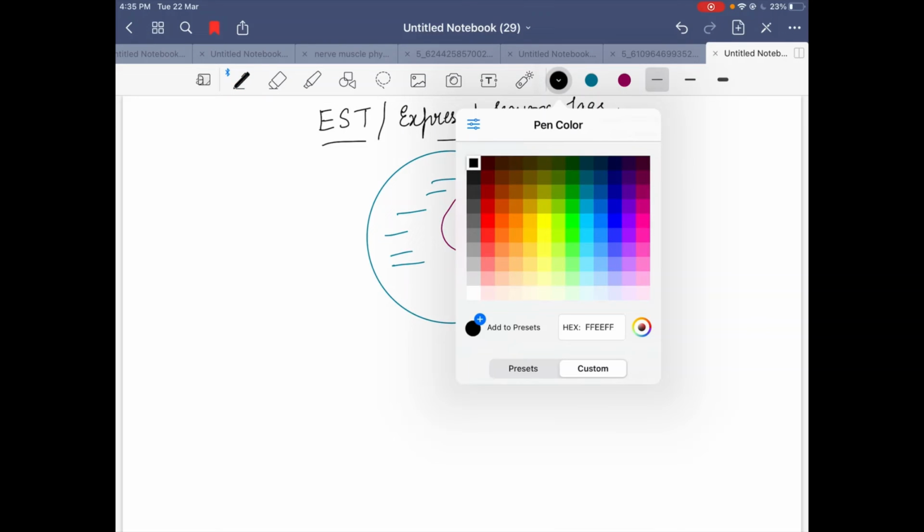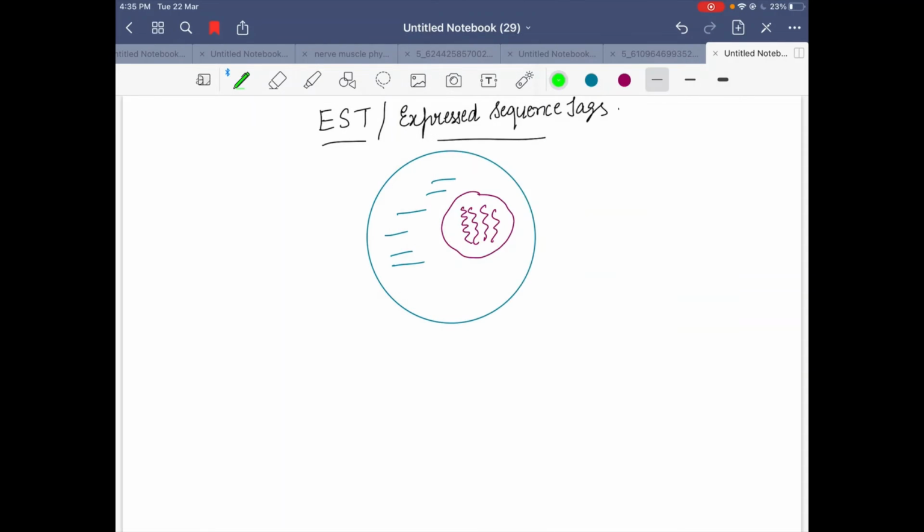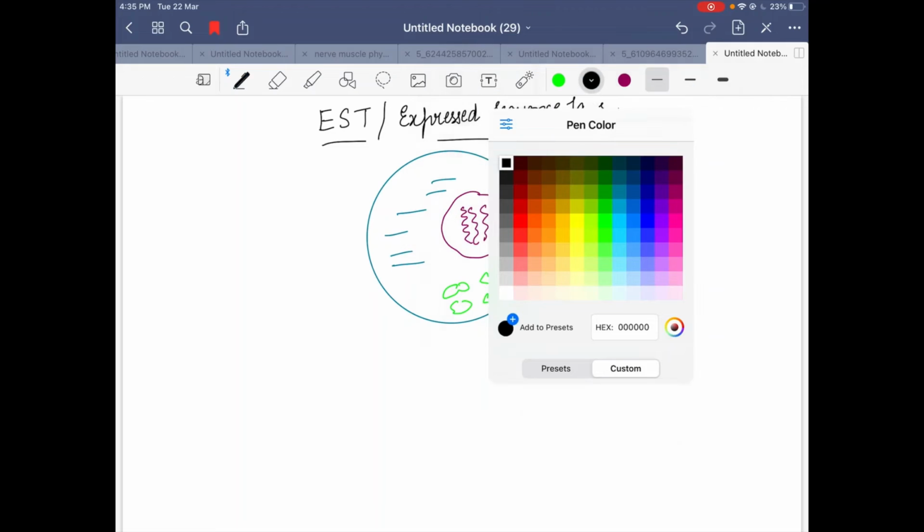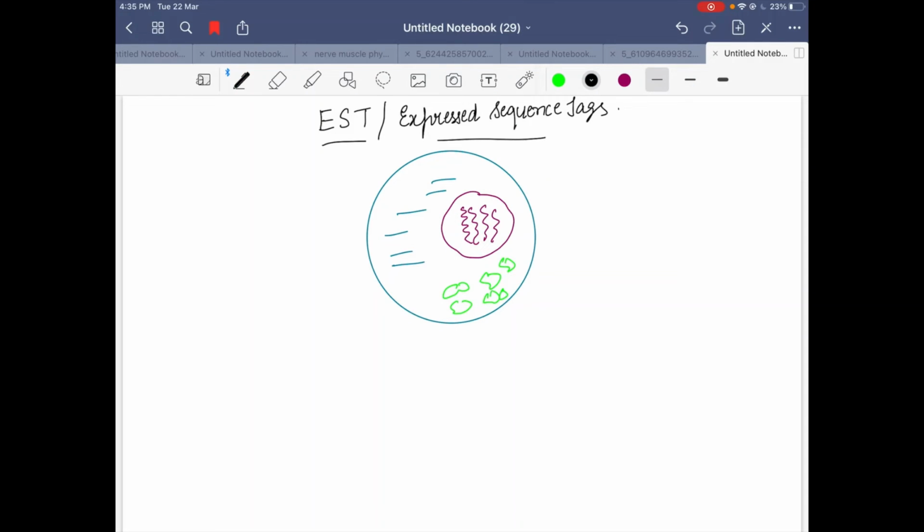In this cytoplasm there are certain proteins. These proteins are formed by the cell from mRNA through the process of translation.